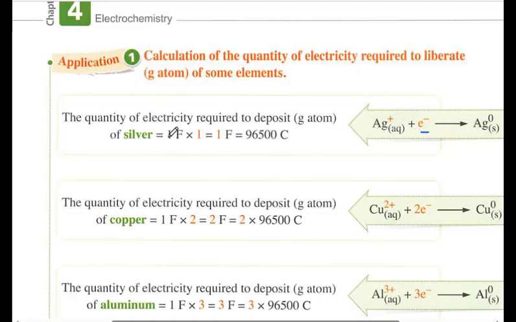So 1 Faraday will deposit 1 mole of silver, as the equivalent mass of silver here equals the atomic mass.